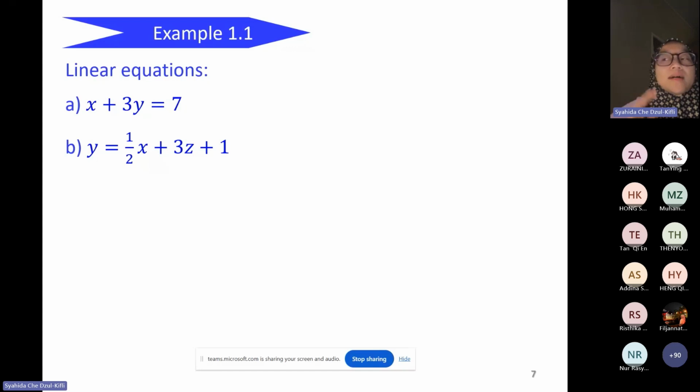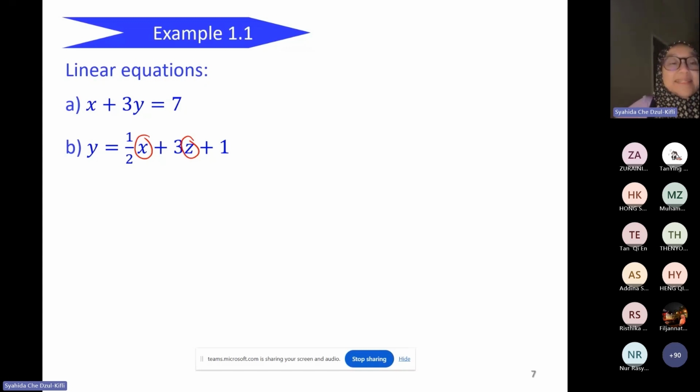Because on the right-hand side, we have variable terms. The terms on the right-hand side contain some variables, x and z. It doesn't seem to be similar to the general form of linear equations.